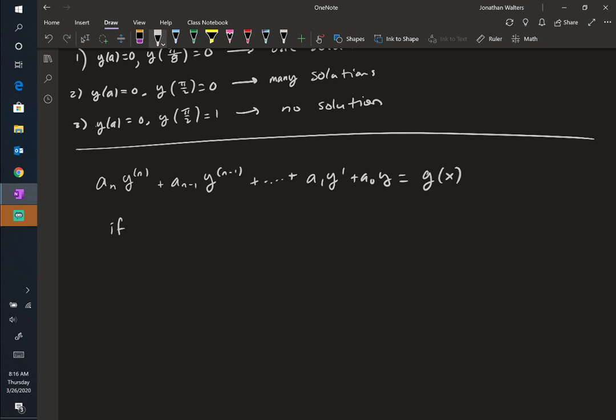Now if g of x is equal to 0, we call it a homogeneous equation. So it's a homogeneous linear differential equation. If g of x is not 0, call it a non-homogeneous equation.